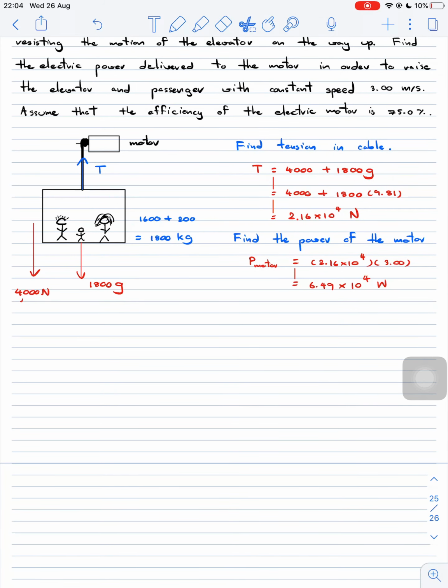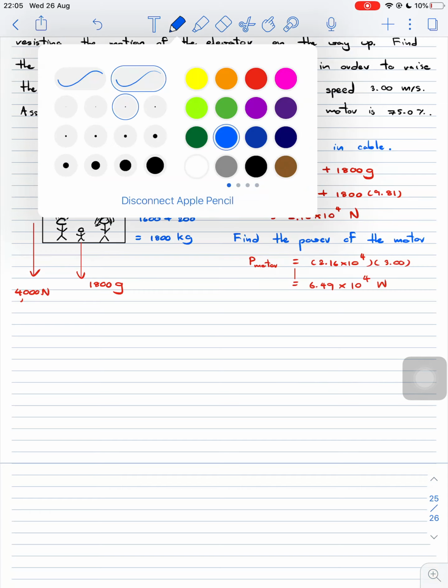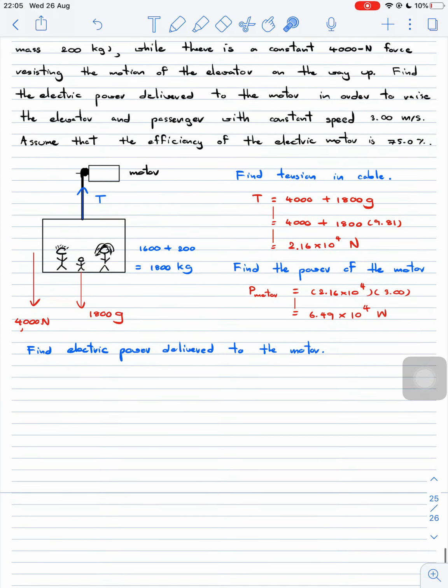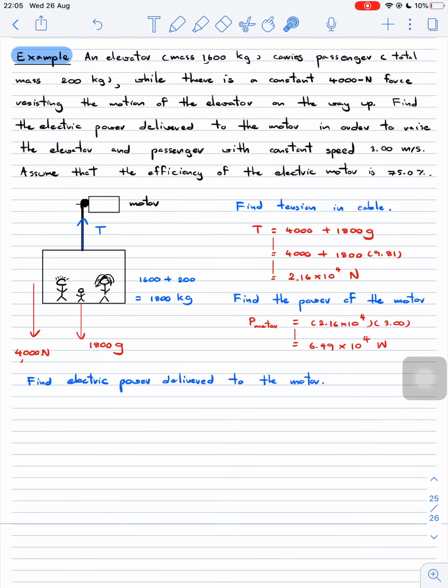Okay, but then we need to find the electric power delivered to the motor. So how? We said that the efficiency of the motor is equal to 75.0%, right?